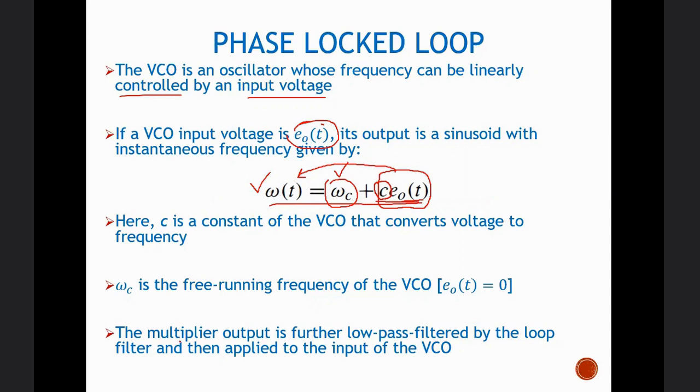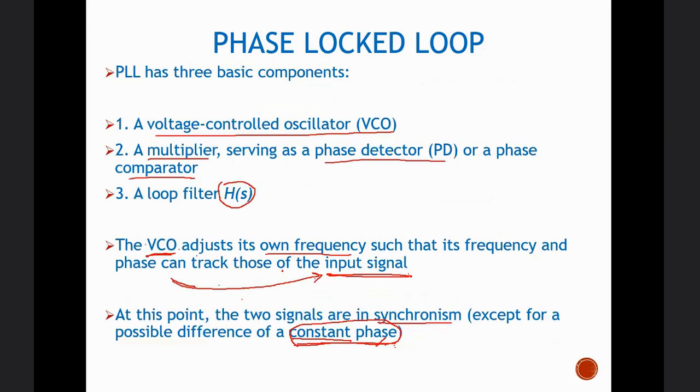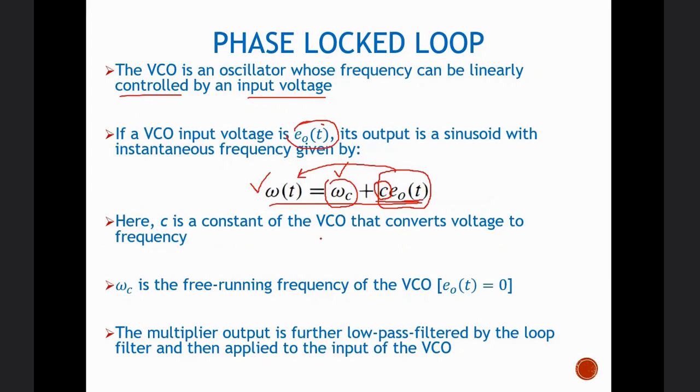After the VCO, as we said, we have a multiplier. What the multiplier does is it just multiplies the two signals, the output coming from the VCO as well as the input, which is in the form of the AM or angle modulated signal.